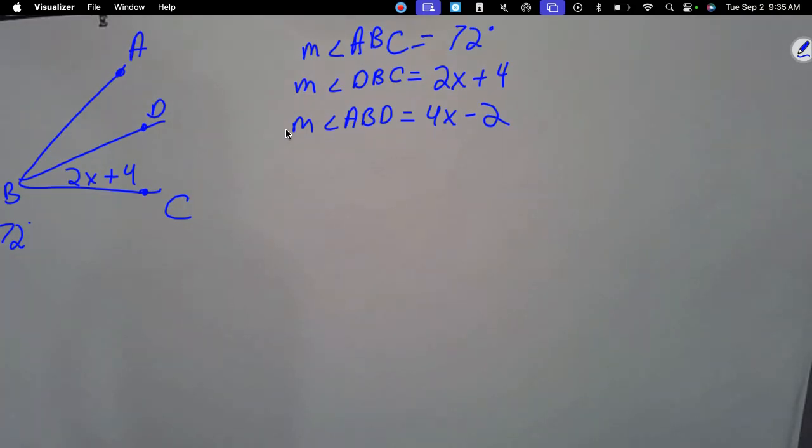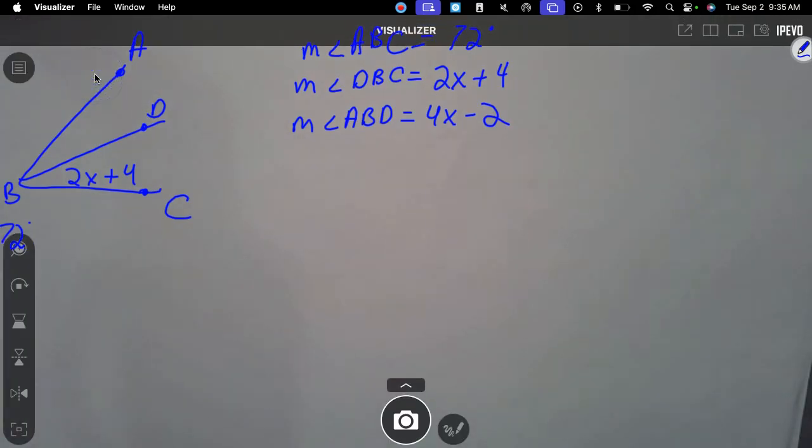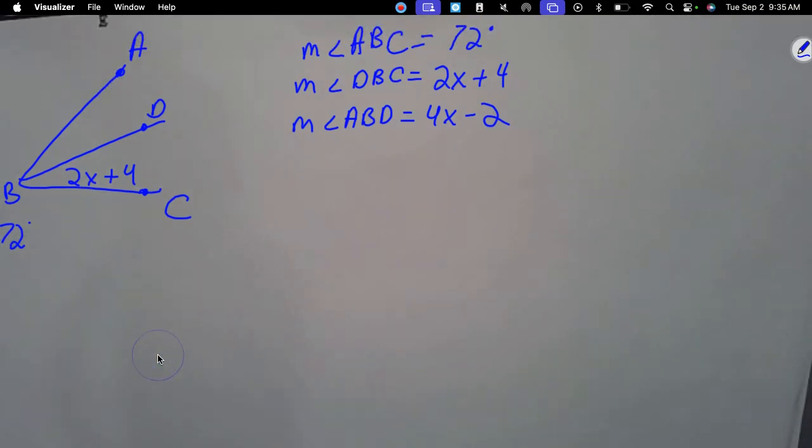What are the measures of the angles? This one and this one, if that's what it wants to know. So they told me this angle, they told me this angle, and they told me the whole thing. What do I know about these two angles? Do they add up to the whole thing? Yes. So can I write that out?